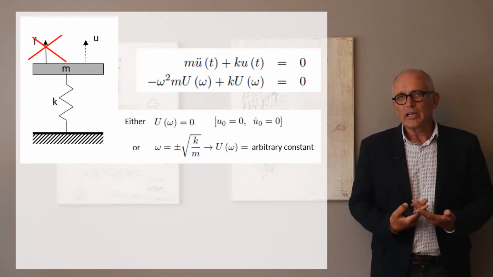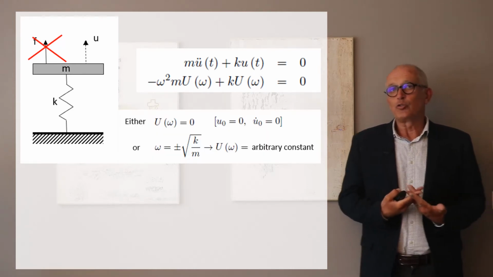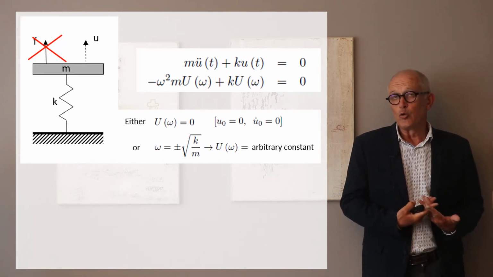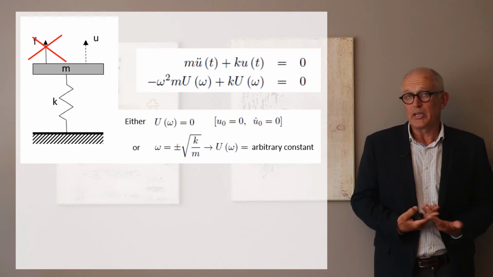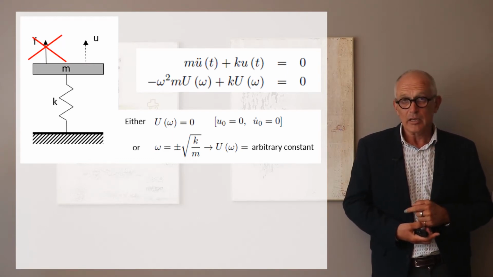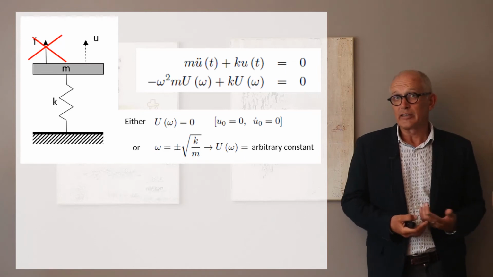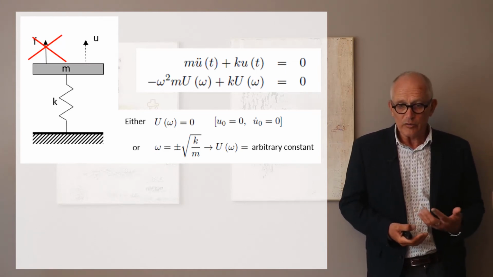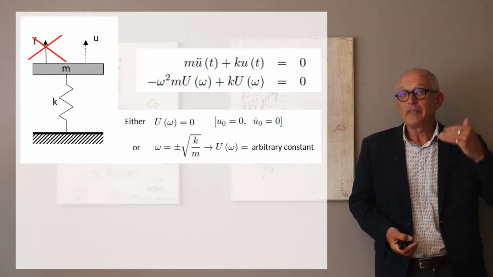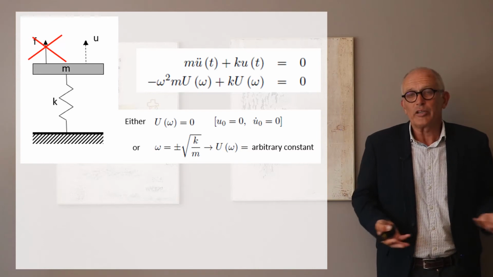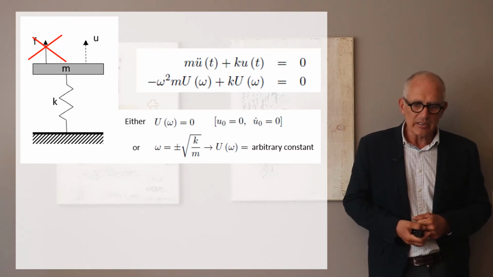And we see that this equation can have two types of solution. Either we consider that U(omega) is equal to 0, meaning that the mass is not moving, is perfectly at rest. This is possible provided that the initial conditions of the equations are consistent with that, so that if it's not moving and there is no force, then it cannot start moving and it stays still.